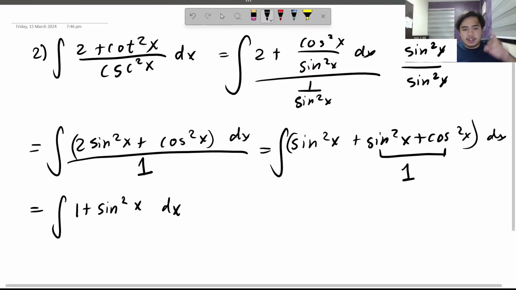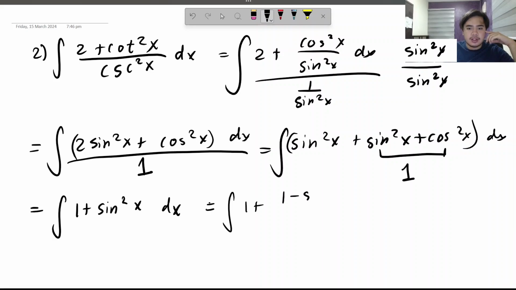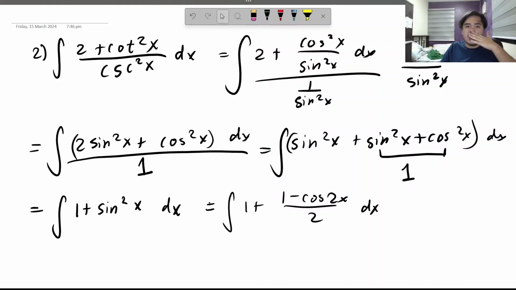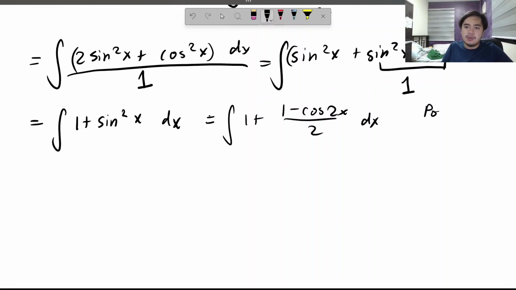So we have sine squared x here. We can turn that into the integral of 1 plus (1 minus cosine 2x) over 2 dx. This technique is called power reduction.